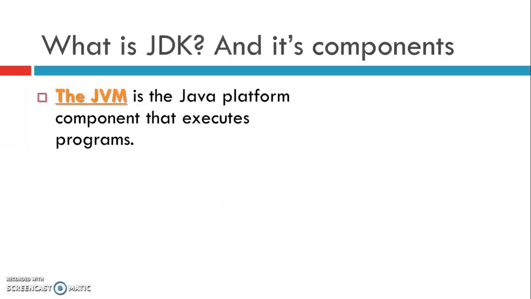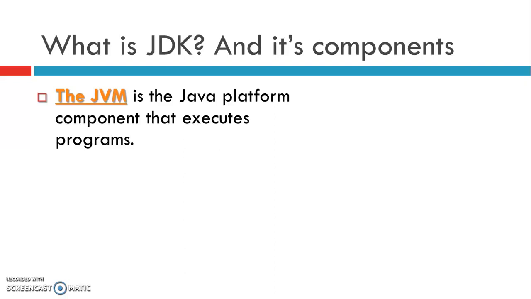The JDK has the JVM, the Java Virtual Machine, which is the Java platform component that executes programs. To execute our Java programs, we need this Java Virtual Machine.